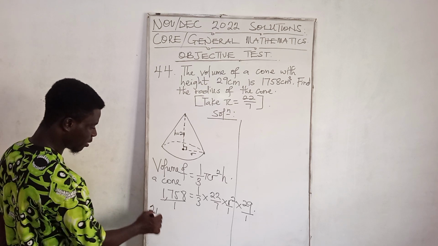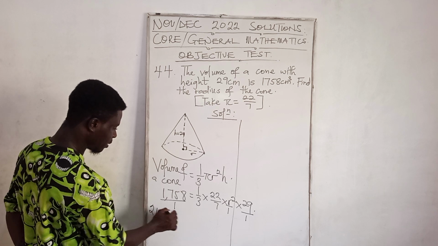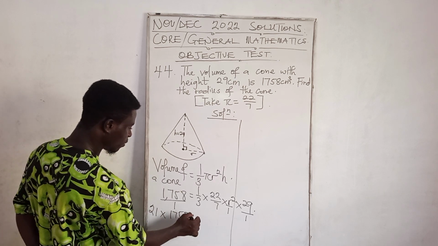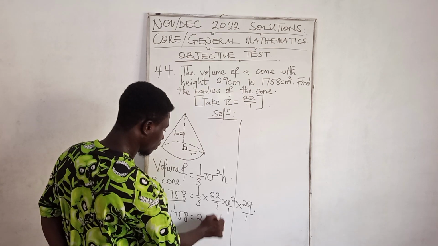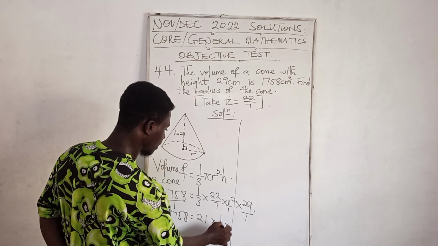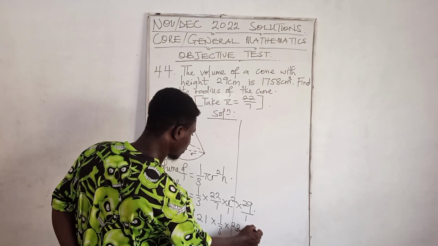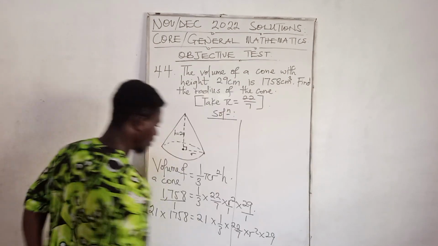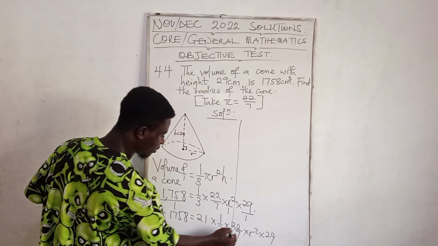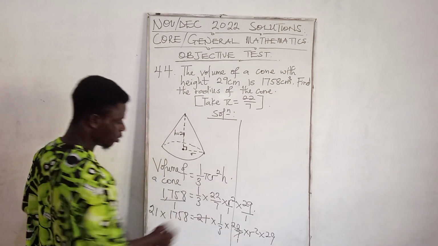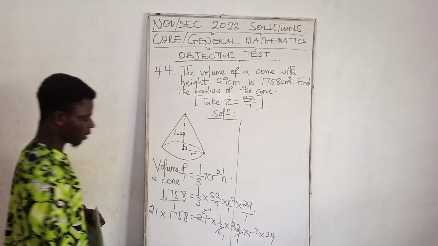So I have 21 times 1758 equals 21 times 1/3 times 22 over 7 times r squared times 29. Right. So we get 7 here, 1 into 21, we get 3. 3 here, 1, then it cancels.